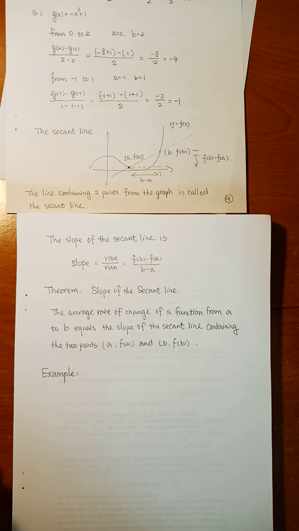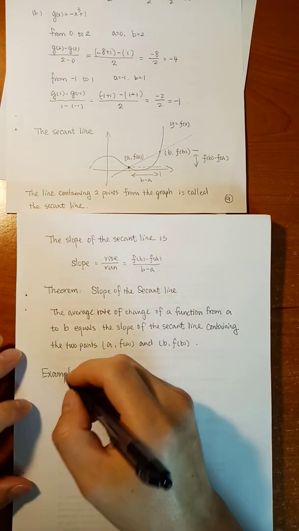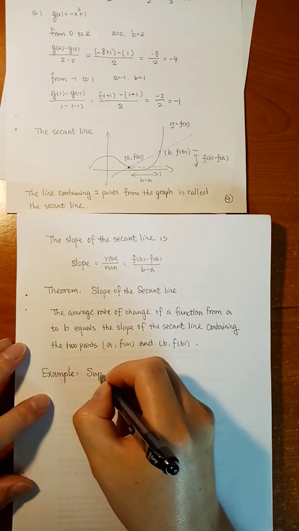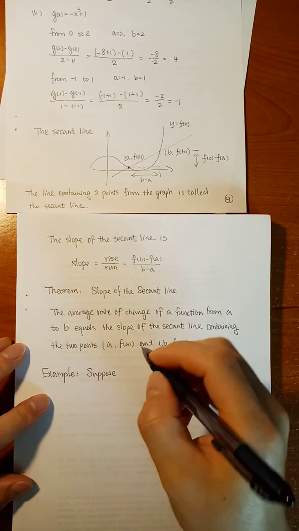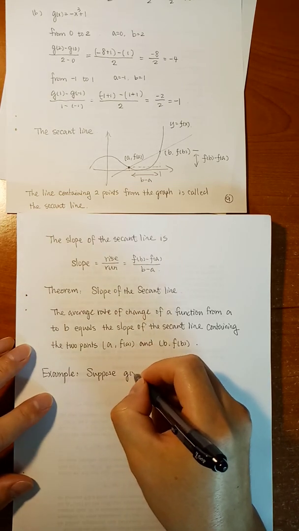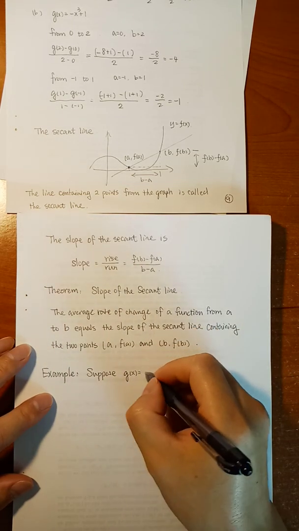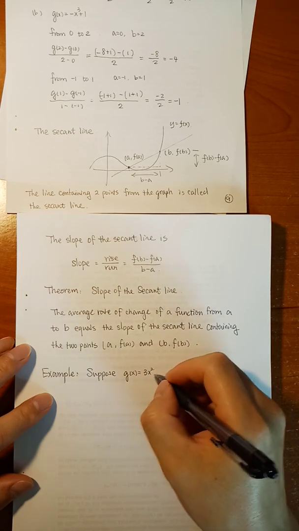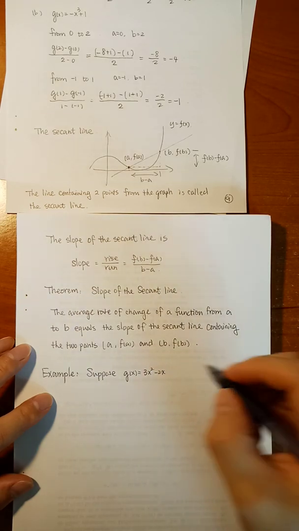Okay, so let's check. Suppose g(x) is equal to 3x squared minus 2x plus 3.